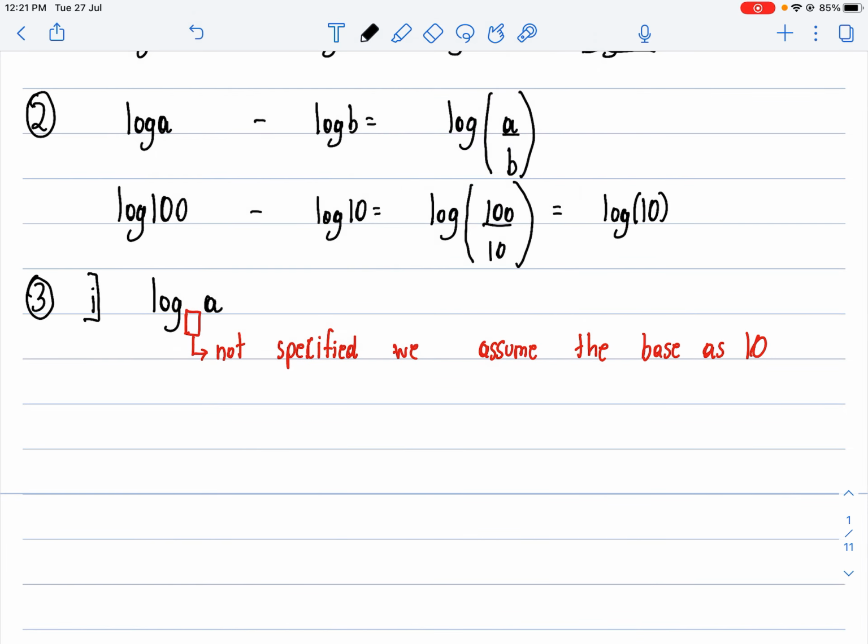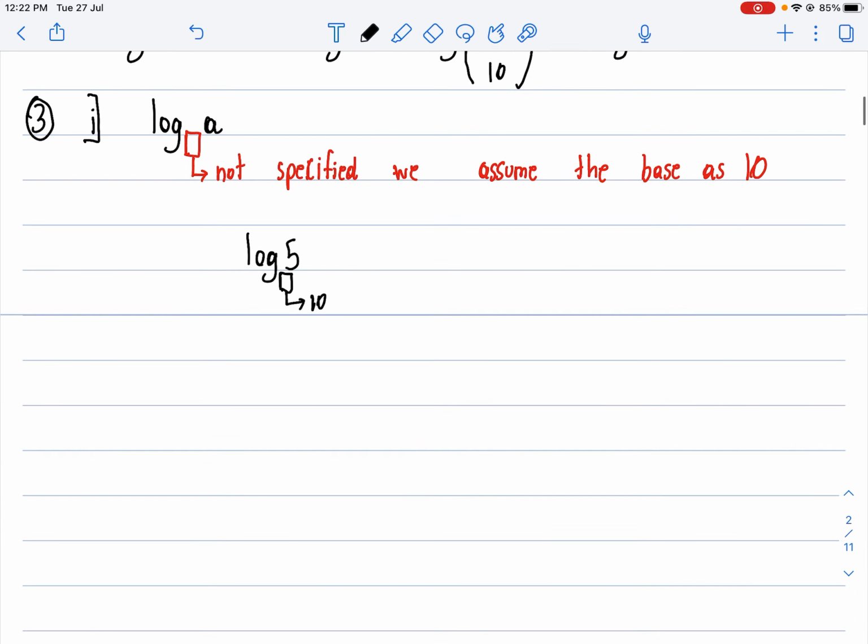For example, if I have log 5, we assume that the base here is 10. If it's specified, then we use that number. But if it's not, we take it as 10.